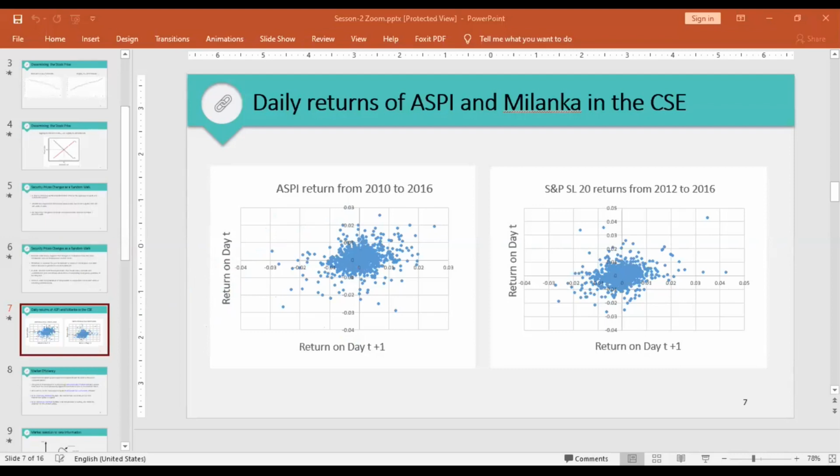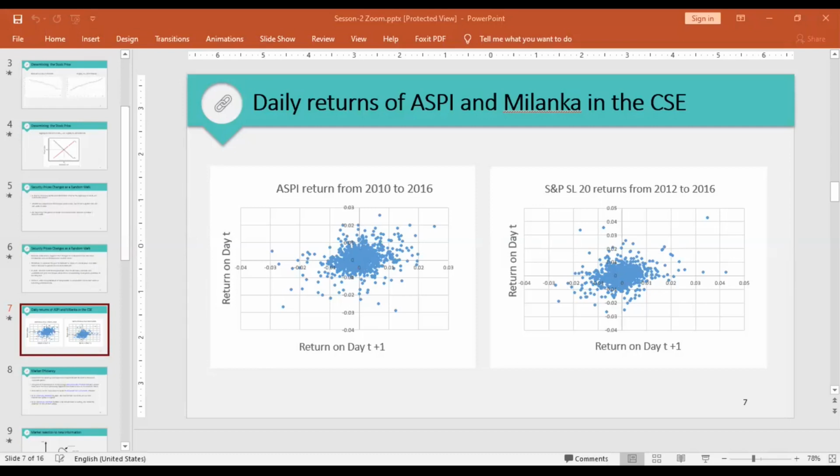Now the random walk theory is connected with market efficiency. Under random walk theory, what we argue is that past data doesn't have anything to do with the future. There is no connection of the past to the future.